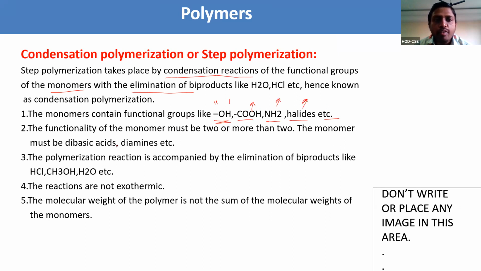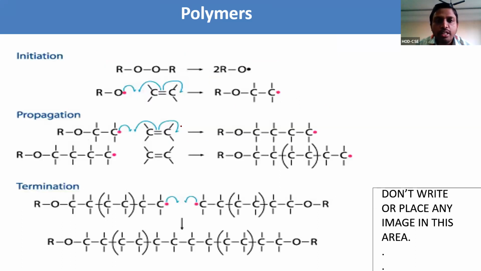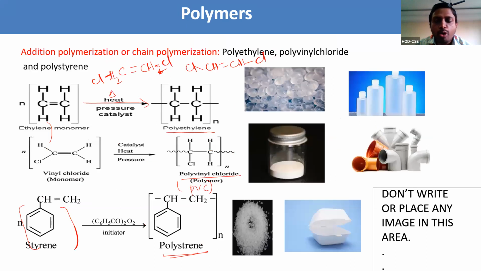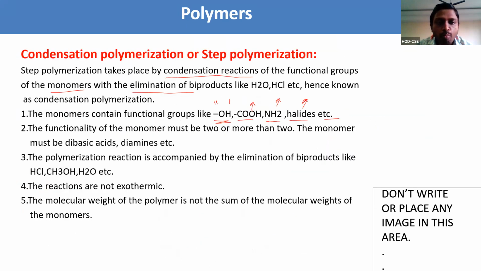What is the functionality of the monomer? Functionality is the number of bonding sites present in the monomer. The functionality of the monomer must be 2 or more than 2. The monomer must be a dibasic acid or a diamine. It should contain 2 NH2 groups or 2 acid groups.